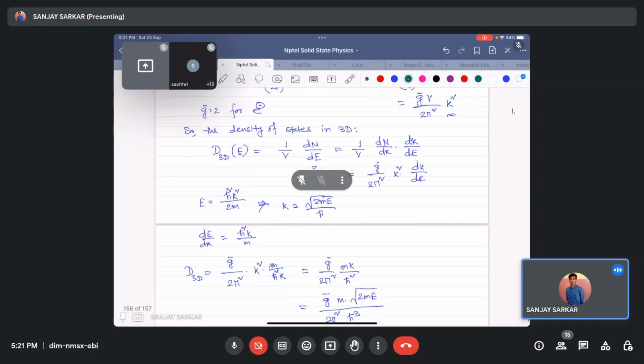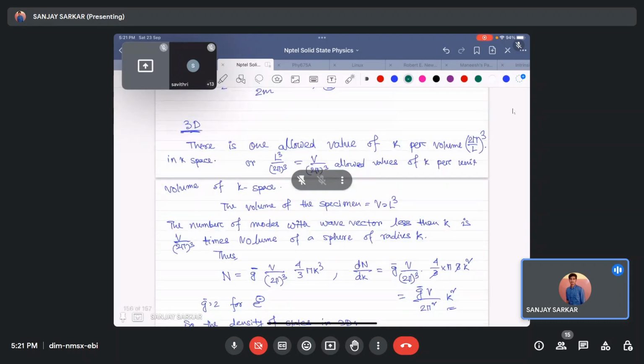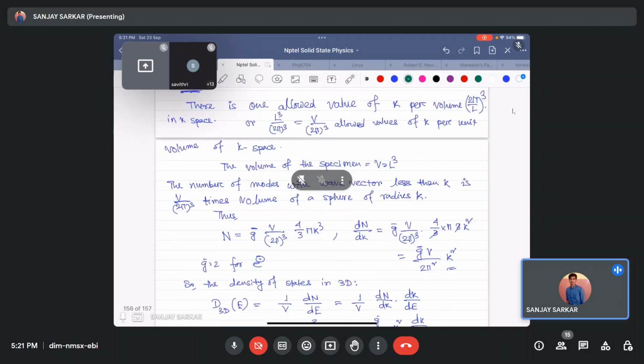What we did is we first calculated the number of k states per unit volume, then we multiplied that by the volume of the sphere. That gives the number of allowed states n, and what we need to find is the number of states per unit volume for a particular energy.